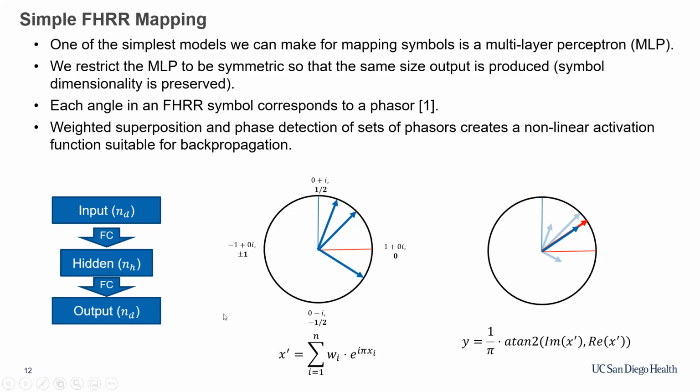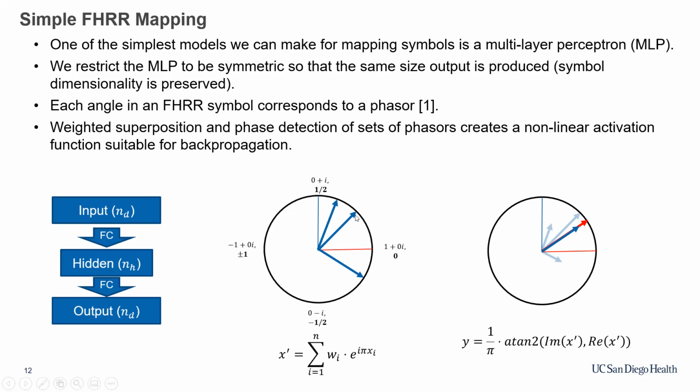To show how this activation function for the FHRR symbols works, we have a couple of pictures below representing three input values. You have the angles that are projected out onto the complex unit circle. The length of these arrows is scaled by the weights, which in our work we currently restrict to be real valued.